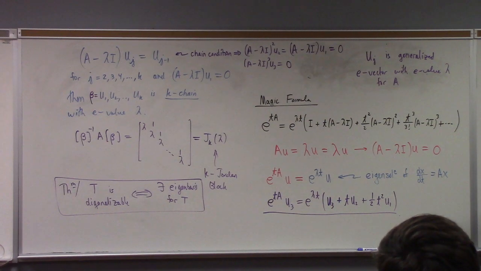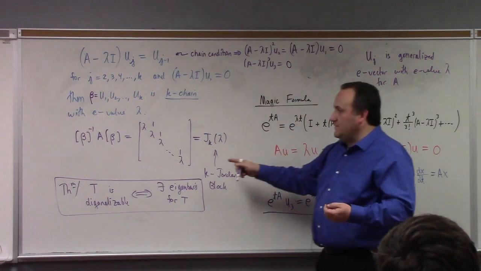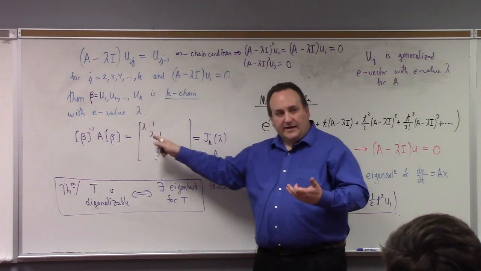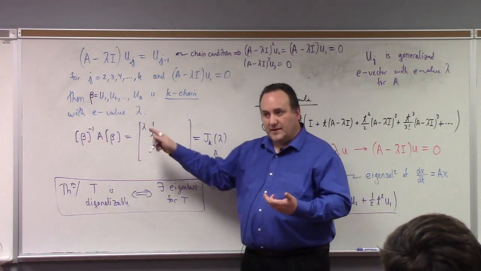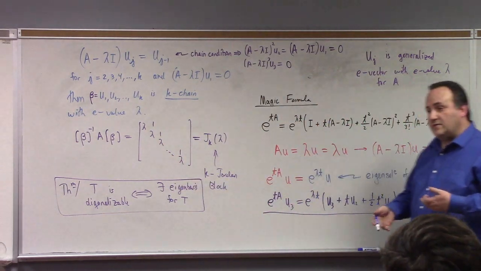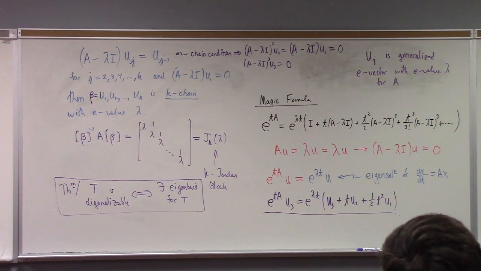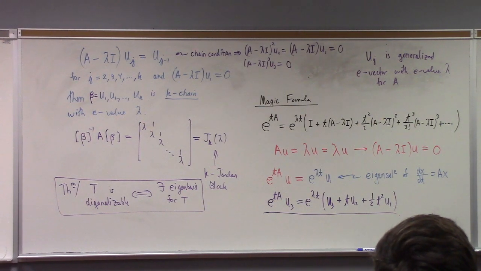By the way, the eigenvalues are down the diagonal. So this is a repeated eigenvalue of lambda k-fold. There's a theorem, we can work this out, that over the complex numbers there exists a Jordan basis for any matrix. A Jordan basis is a concatenation of k-chains of different values for different eigenvalues.